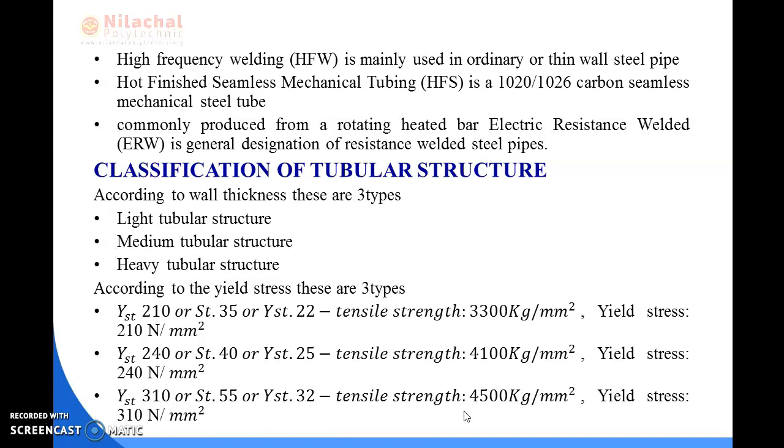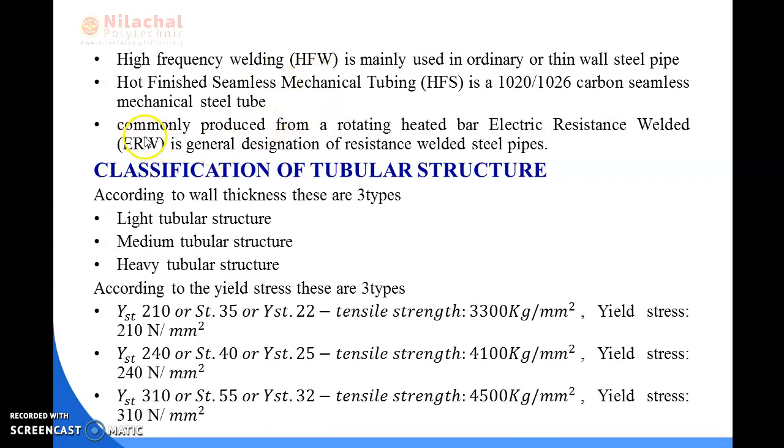Now, where is this kind of welding provided? First of all, HFW, that is high frequency welding, is mainly used in ordinary or thin wall steel pipe. The next one is HFS, hot finished seamless mechanical tubing, which is a 1020 by 1026 carbon seamless mechanical steel tube.